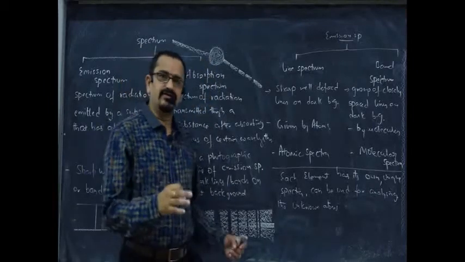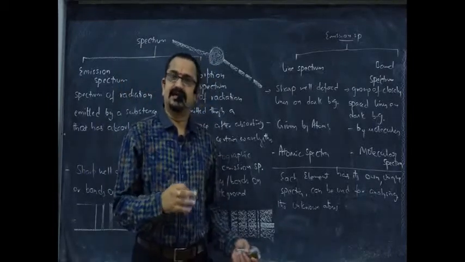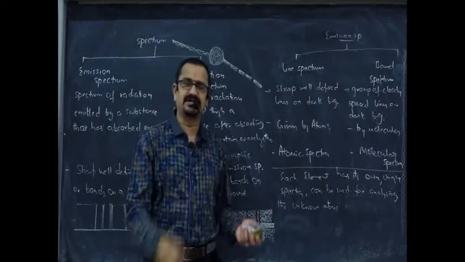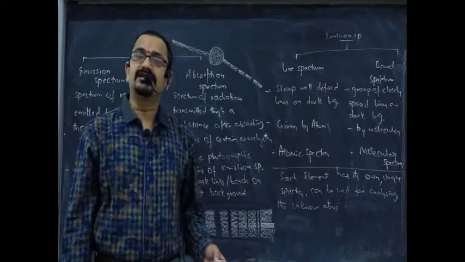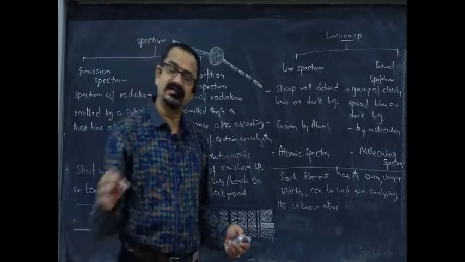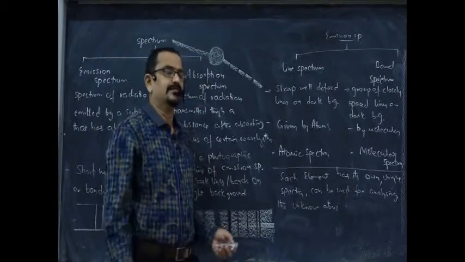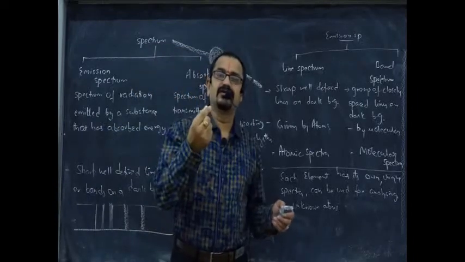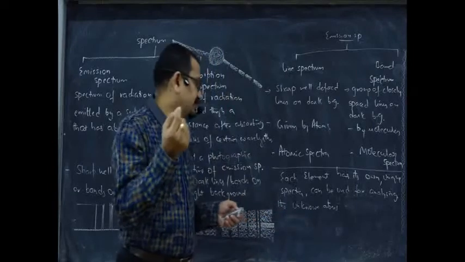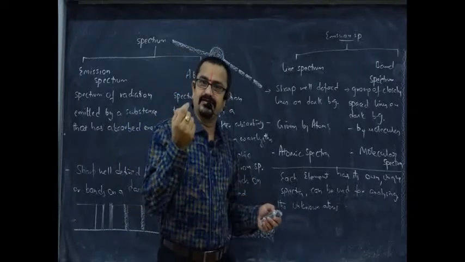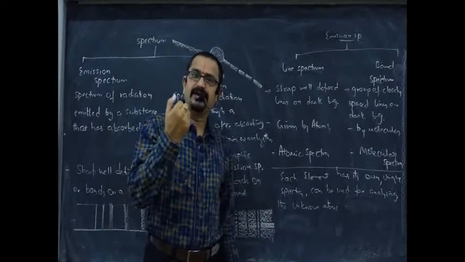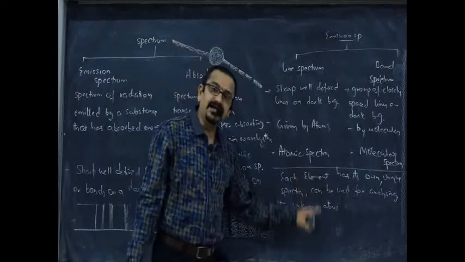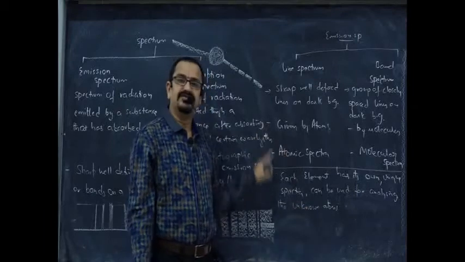The study of both emission spectrum and absorption spectrum is called spectroscopy. Spectrographic analysis is of a lot of importance nowadays. It is just like the fingerprints of a person. How a fingerprint helps in identifying a person, in the same way, in the study of atoms and molecules, the spectra will help us.